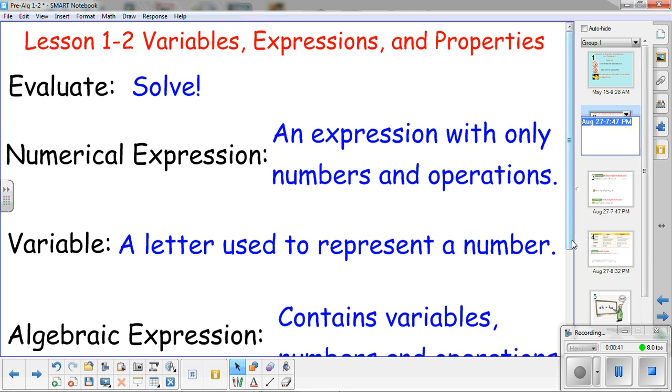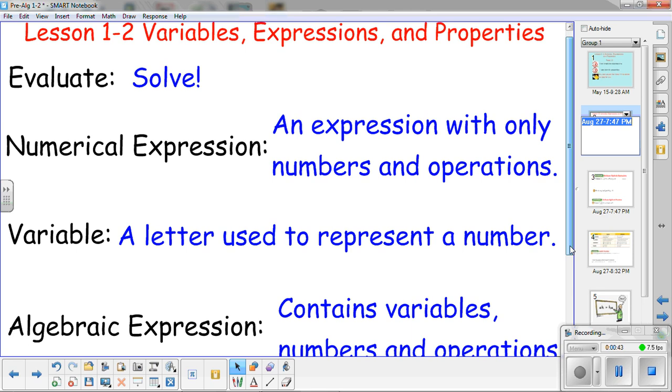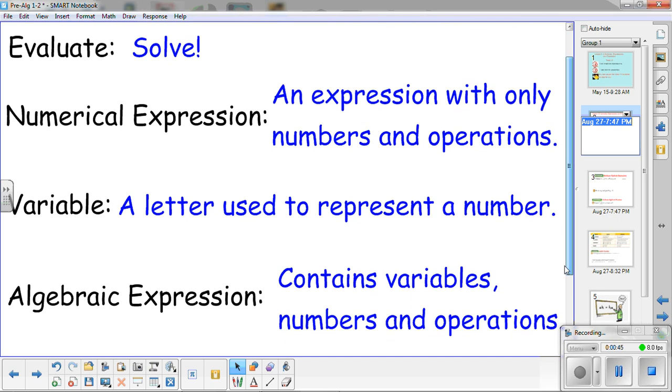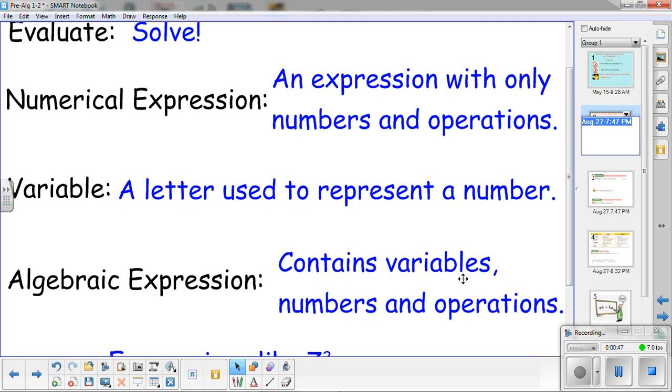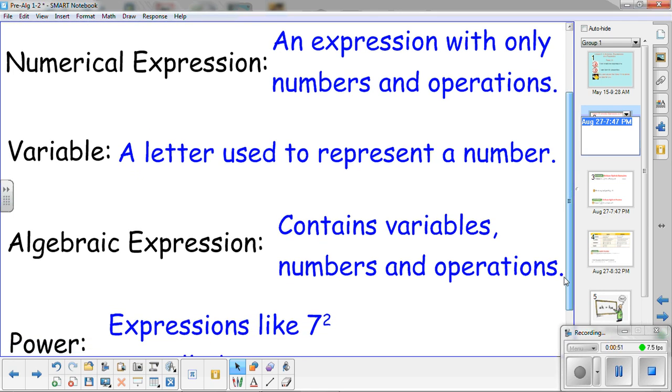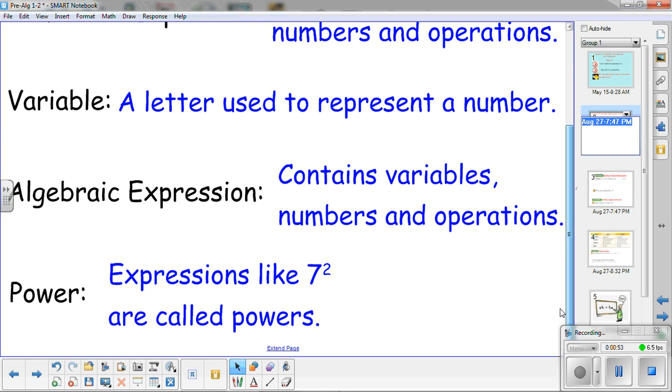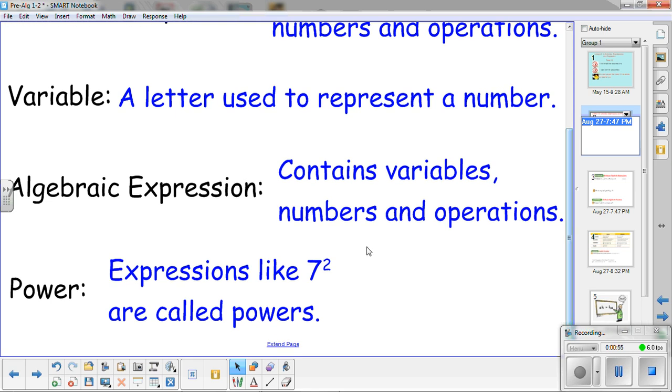And then an algebraic expression is similar to a numerical expression, except it will contain variables, numbers, and operations. A power looks like this. An expression like 7 to the second power is called a power.